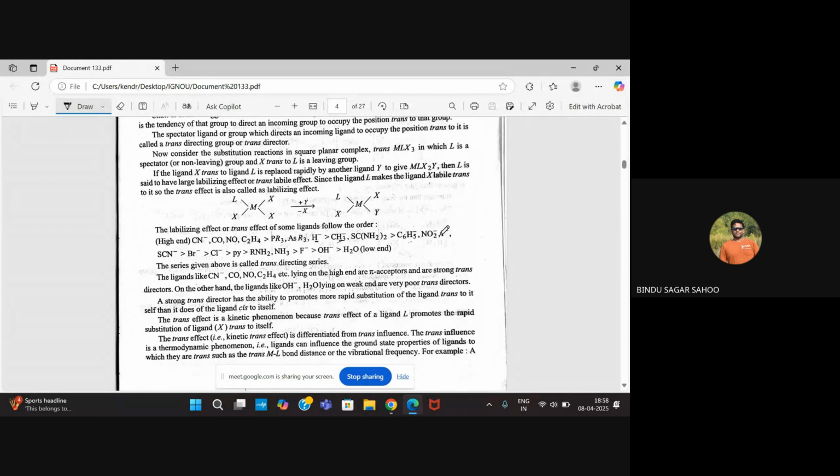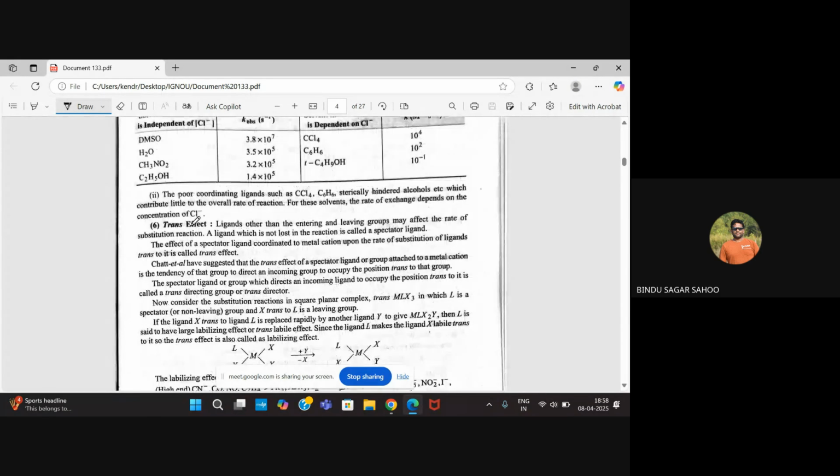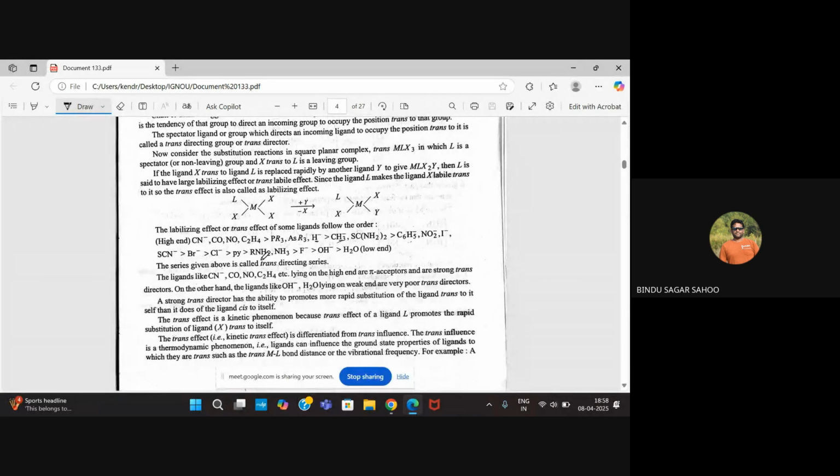And in the middle of the trend, there will be sigma donor ligands: H minus, CH3 minus, C6H5 minus. Okay, so there is another term. This is called trans influence, and this term is called trans effect. So trans effect is a kinetic term, and trans influence is a thermodynamic term.